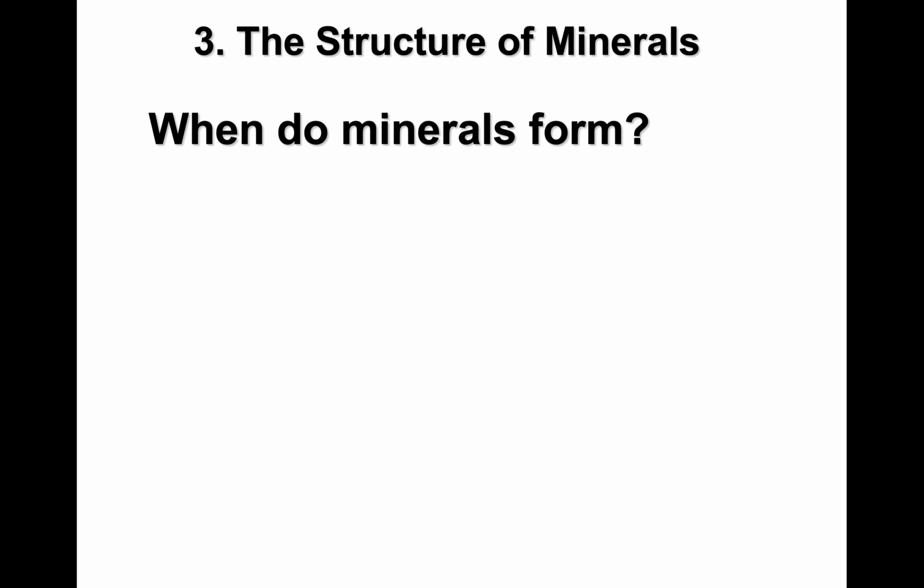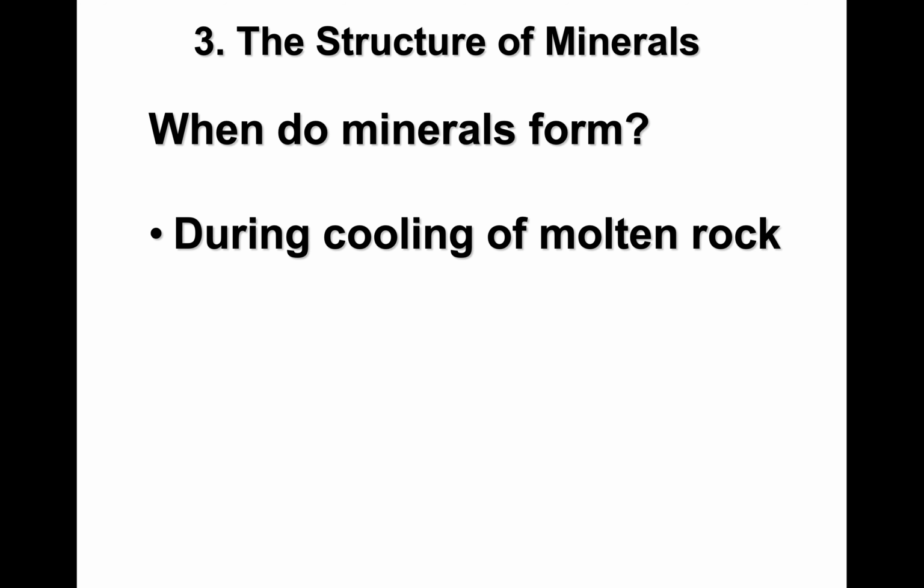So now, when do minerals form? That is during cooling of a molten rock, for example. We have a melt, a molten rock, and then this melt cools down, and crystallization processes will take place. Atoms find together due to their size and due to their electron charges, forming different minerals.